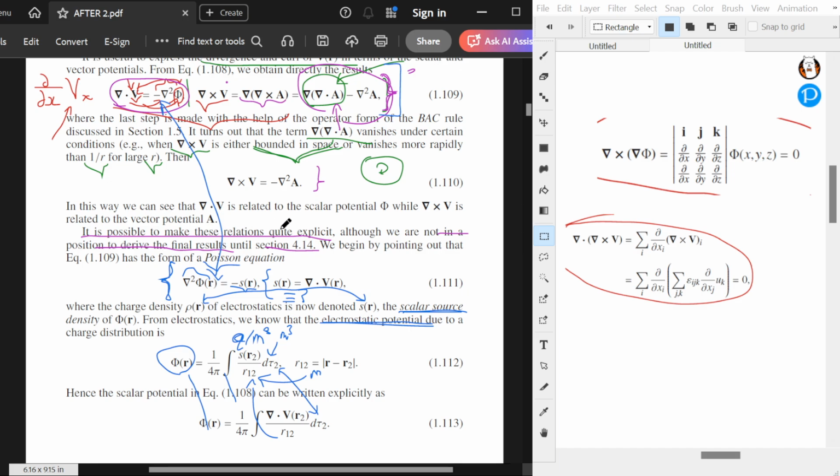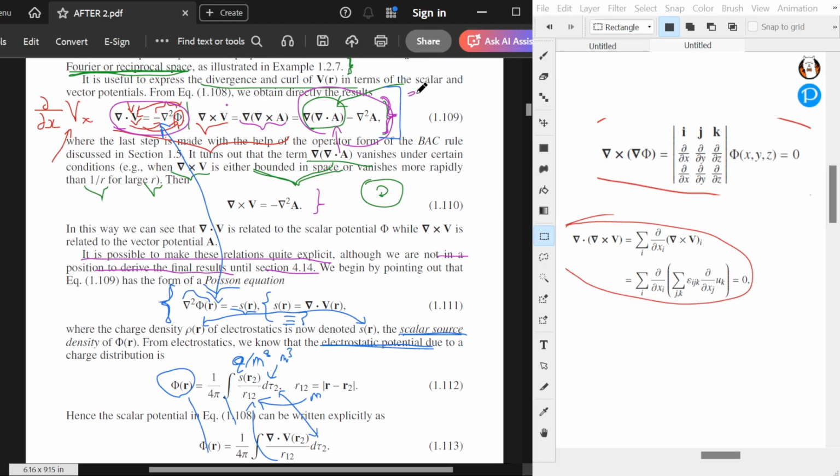It is possible to make these relations quite explicit, although we are not in a position to derive the final results until this. We begin by pointing out that this has the form of a Poisson equation, where the charge density is now denoted as S. From electrostatics, we know that this is equal to this.